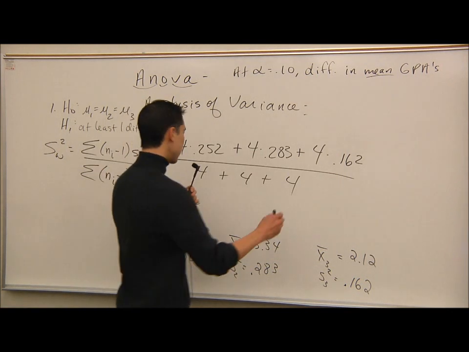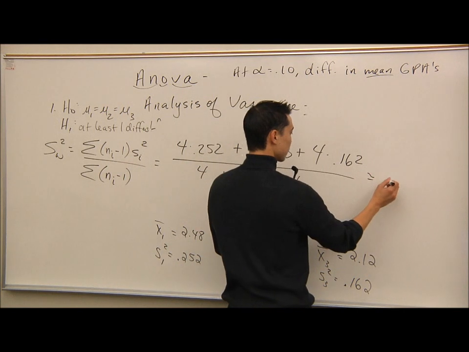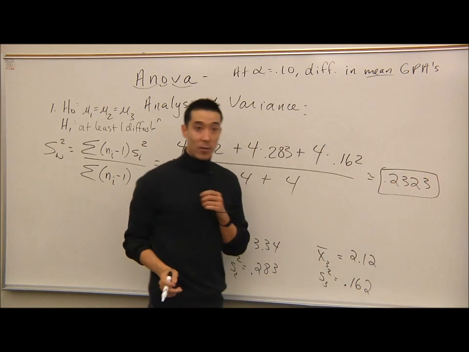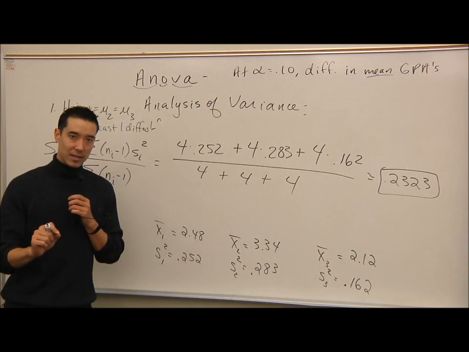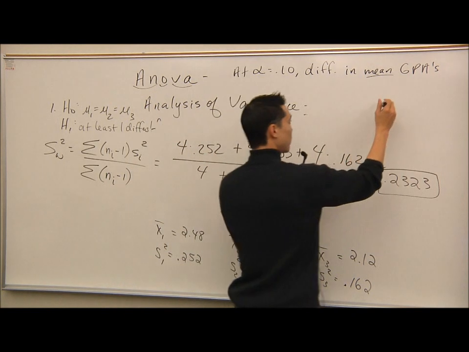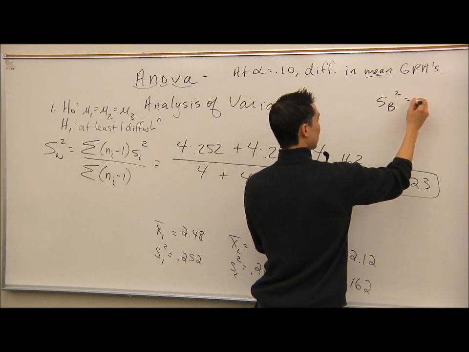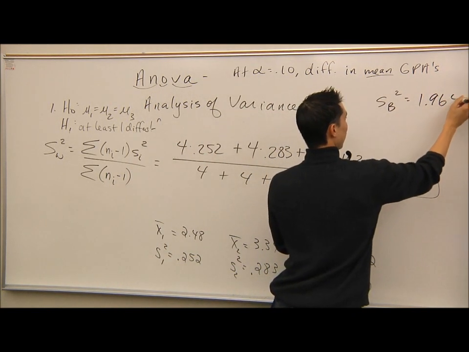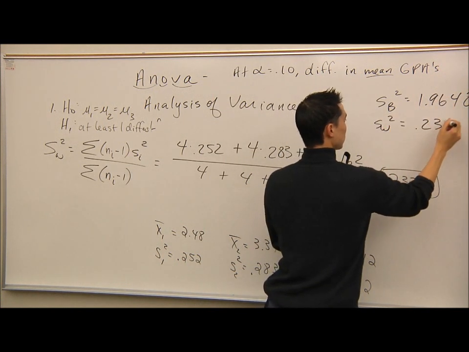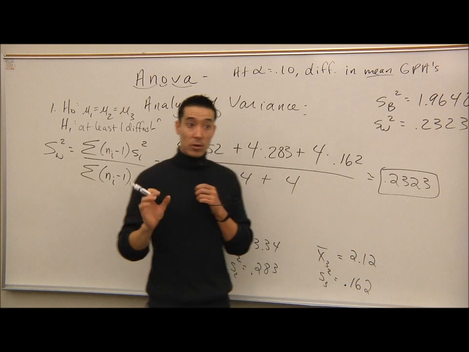You guys get about 0.2323? Okay, once you've done the between group variance and the within group variance, so let's just put them over here. What was my SB squared? 1.9648. And my SW squared? 0.2323? Yep. You're ready to go.